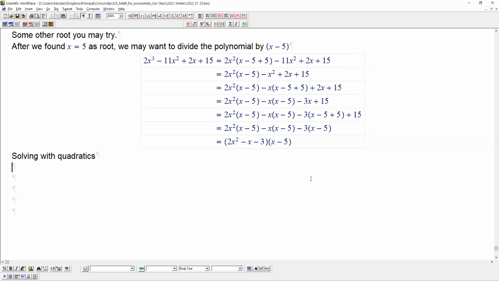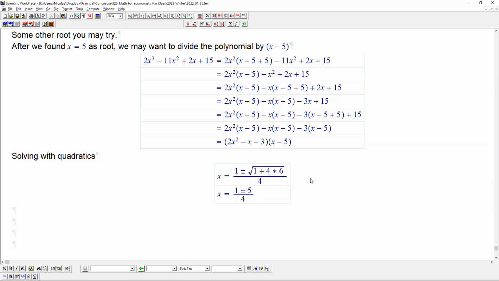So I get that x equals, that's 24, 25, so plus or minus 5.